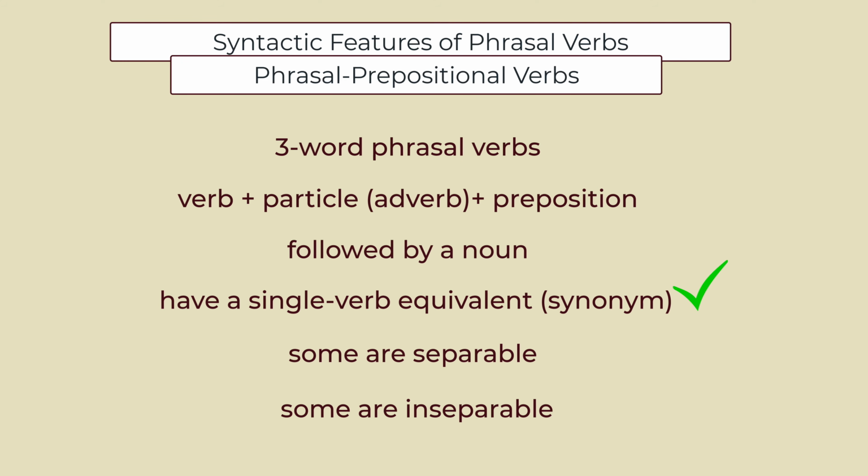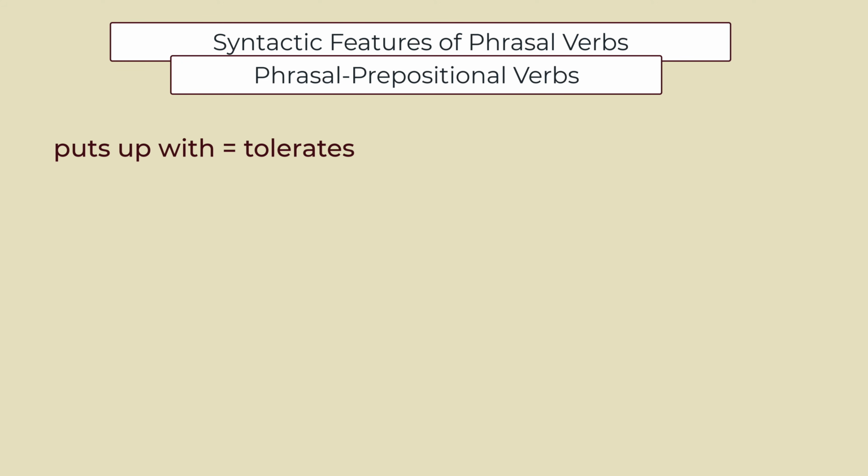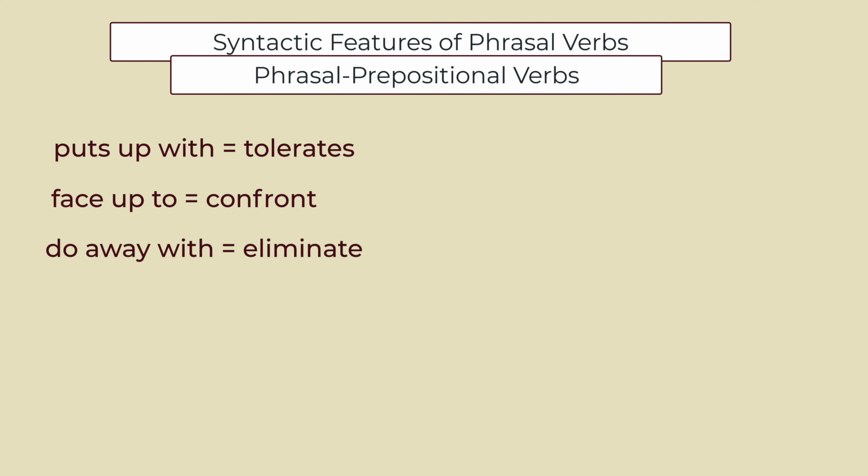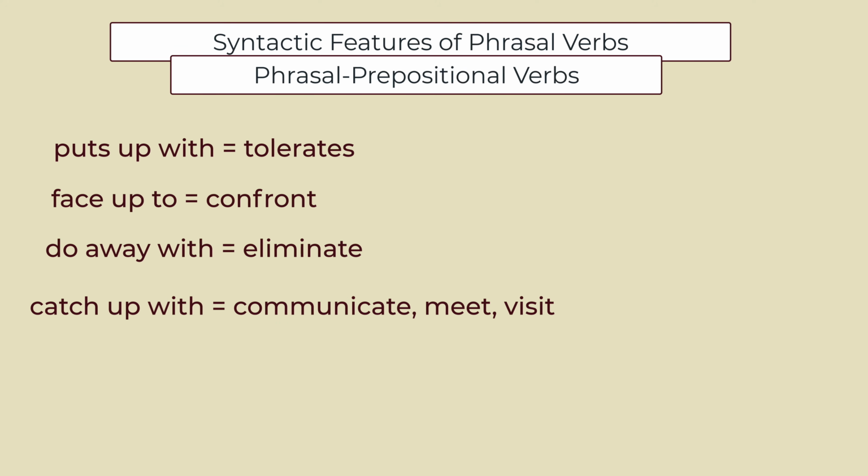So for example, puts up with means tolerates. Face up to means confront. Do away with, eliminate. Catch up with, communicate. These verbs are all examples of inseparable phrasal prepositional verbs.